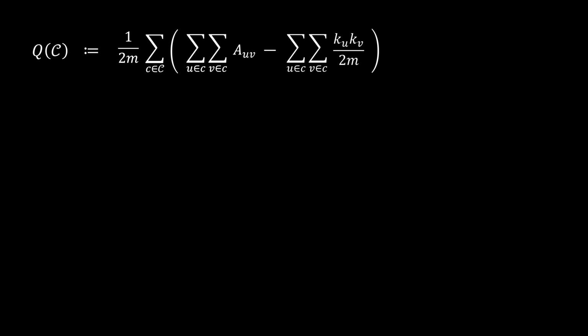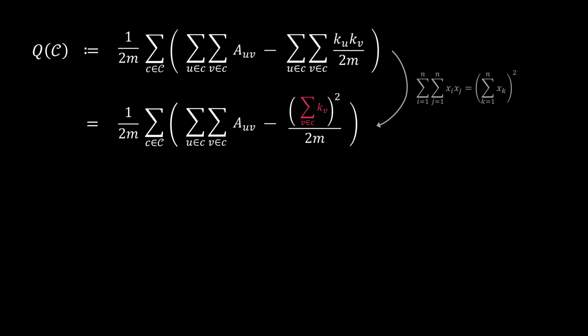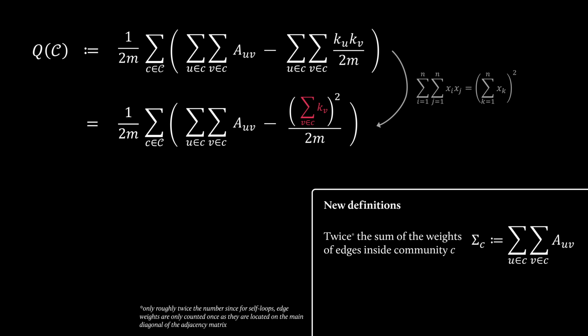Step 1, use this identity for the right part so that we don't have to sum over different vertex degrees. Step 2, introduce 2 new definitions, twice the sum of the weights of edges inside community C, that is, edges with both ends in the community. Reminiscent of the sums, we use the uppercase Greek sigma letter as variable name.